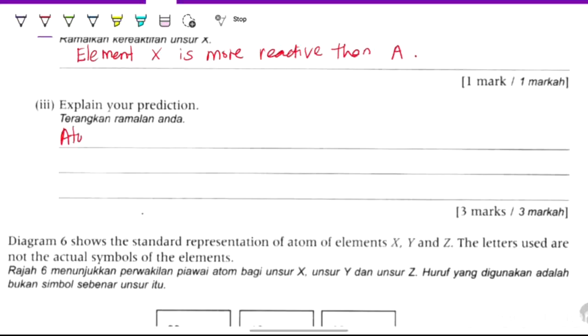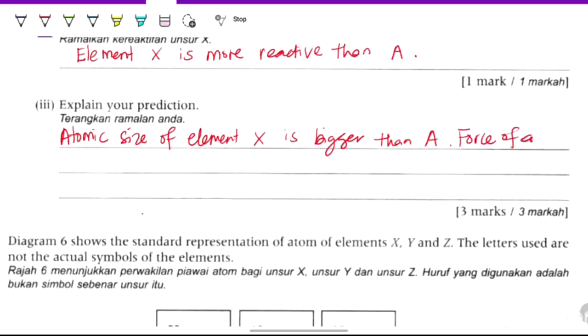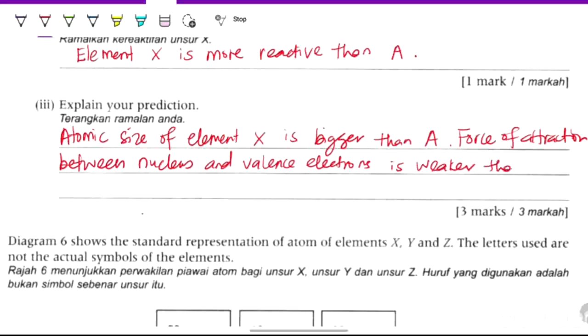You can mention the atomic size of element X is bigger than A. Then the force of attraction between the nucleus and valence electrons is weaker than A, because the atomic size is bigger.